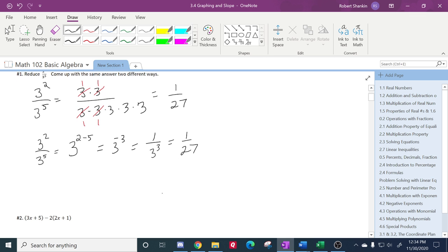Yet another way. If I took this as my starting one and subtracted in this direction, I'd still get the same answer.